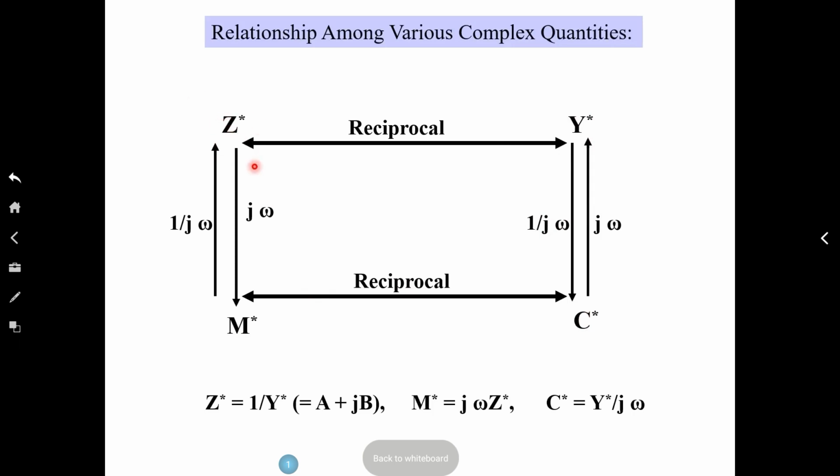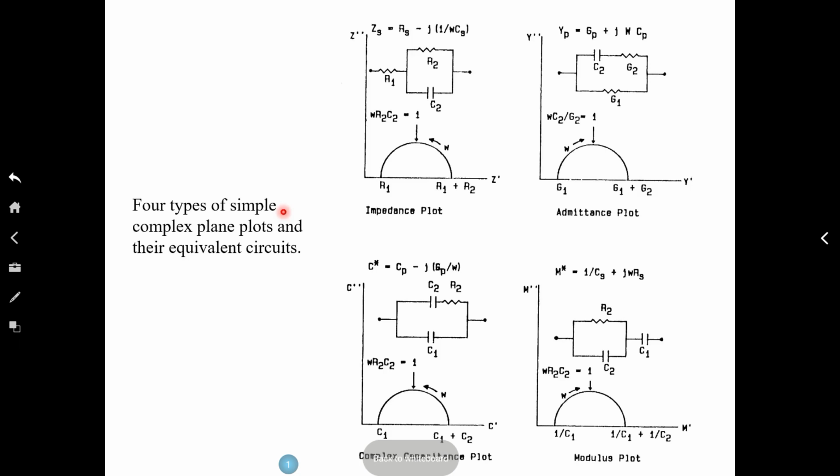I'll show you that. So again, remember that there is an advantage of doing this. I'm going to show you some circuits where the plots in different planes will look identical. Let's check that for some circuits.